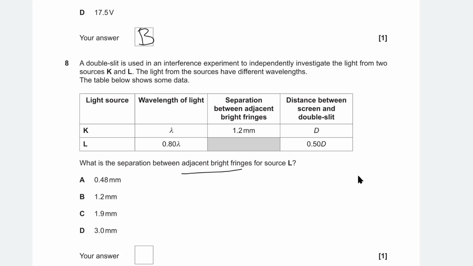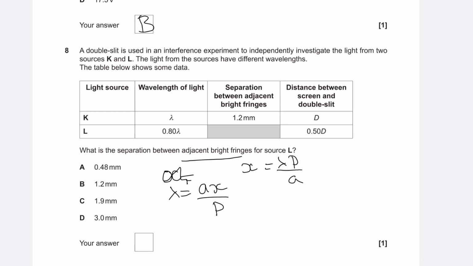Okay, well, this here will be using the equation that the separation x is equal to, well, actually, the way it's given in the formula booklet is that lambda is equal to ax over d, meaning that x will be given by lambda d divided by a. Okay, so have we got the wavelength?